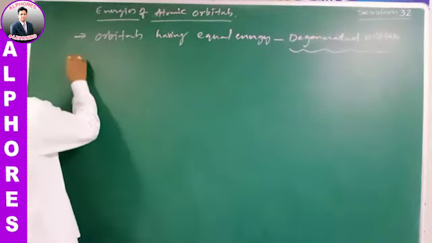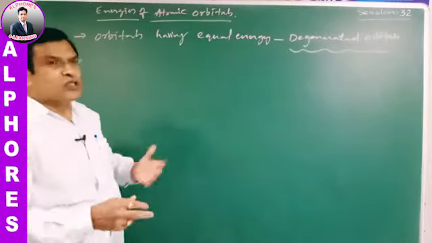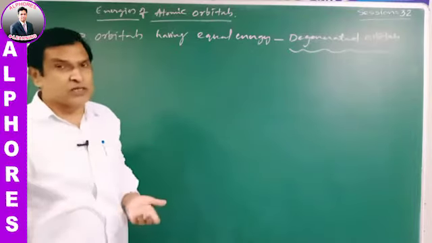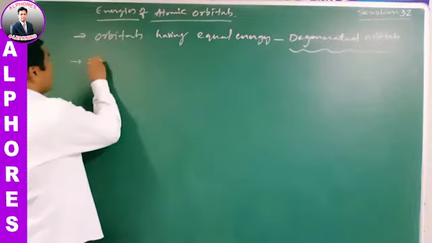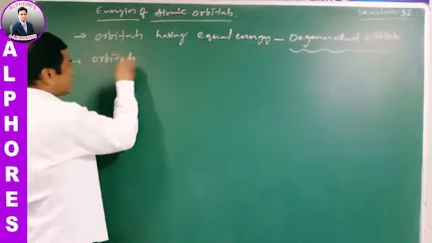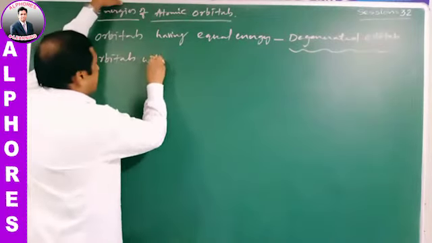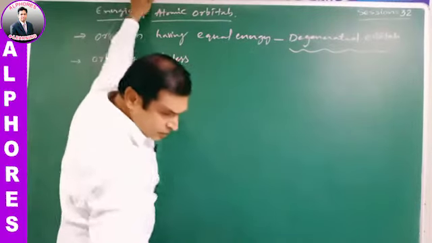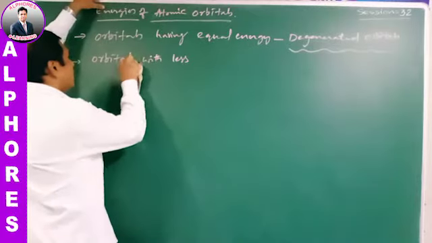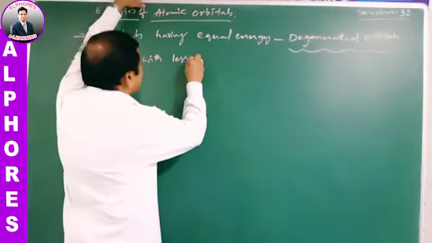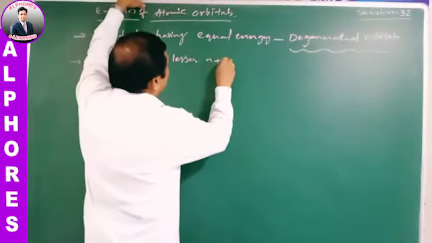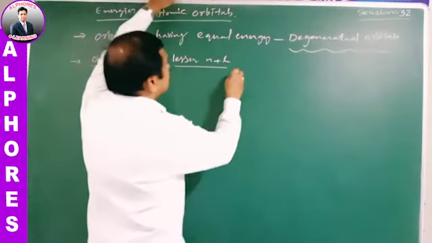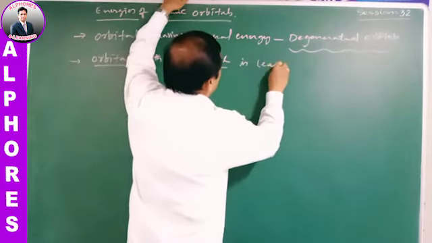The next one is, how do we identify the different energies of various orbitals, for example 2p, 3p, 4p, 5p, and various other subshells? The orbital with lesser n plus l value is the least energy orbital.